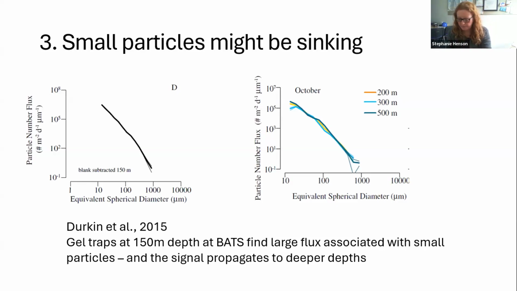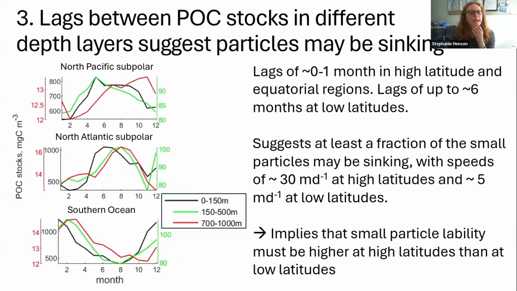So we can take a look at some depth differences as well to see if the signal is propagating like Colleen did. And that's what we've got here. So again, 3 different biomes, and we're going from near the surface down into the deeper waters. So from black to green to red is from surface down to deeper waters.